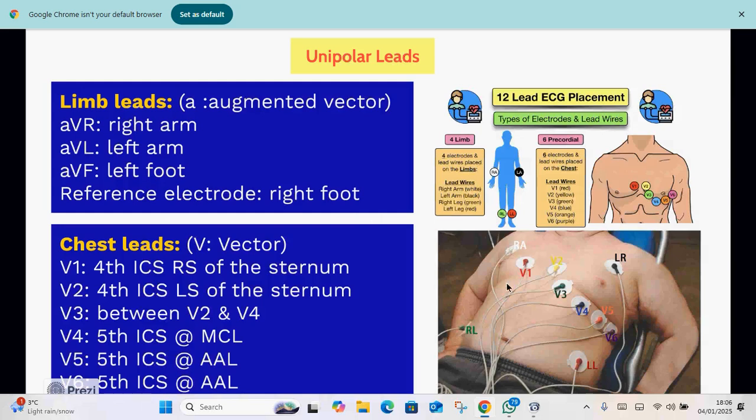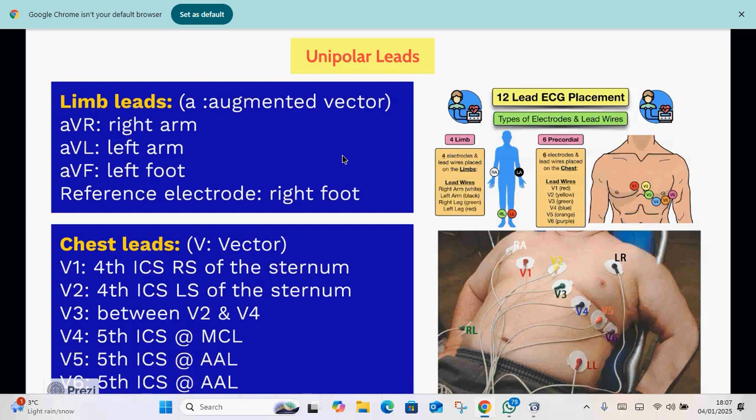The names of the chest leads are similar to the electrodes, but the names of the limb leads are different from the electrodes. When you measure between LA and RL, this is called VL. When you measure between LL and RL, this is called VF. Does that make sense?